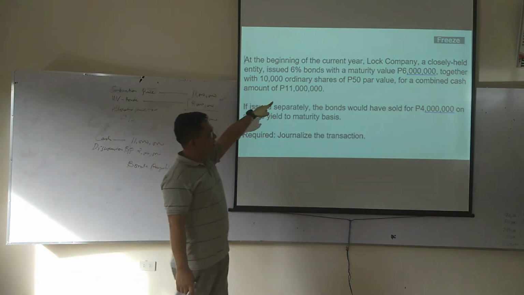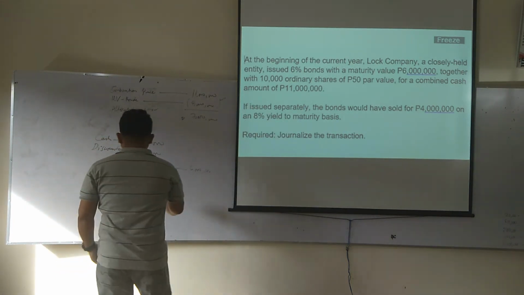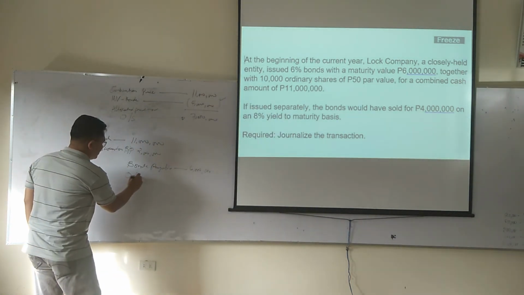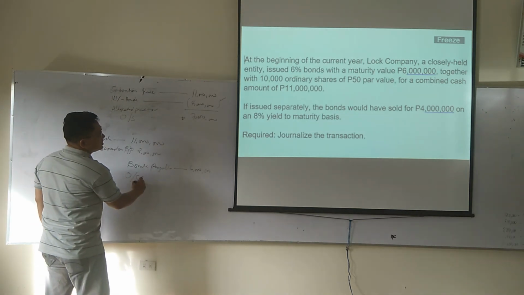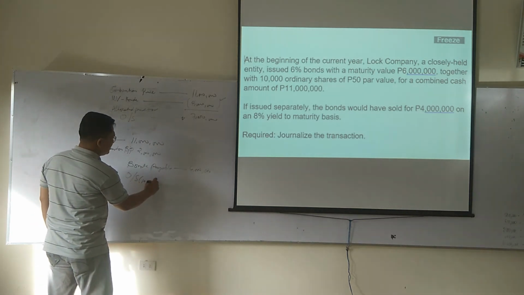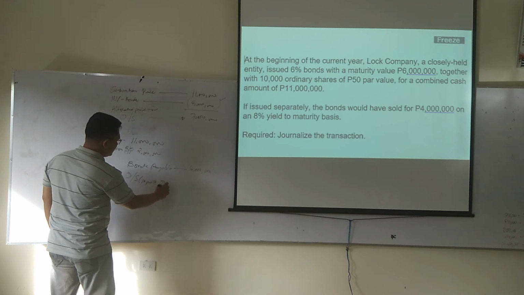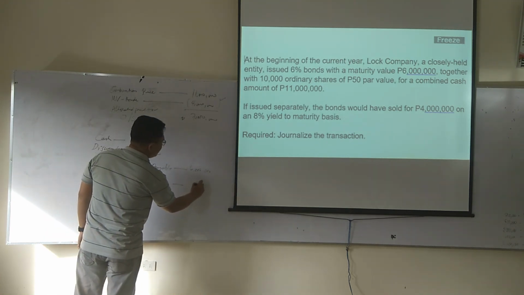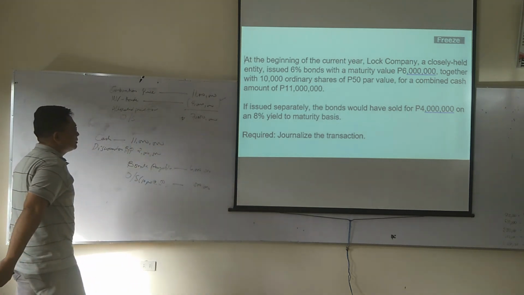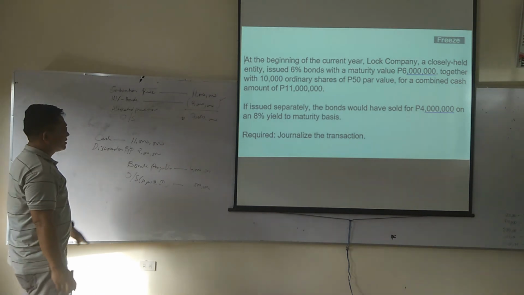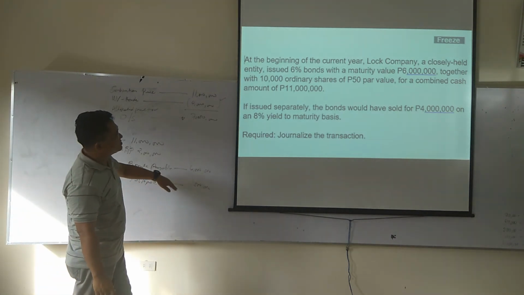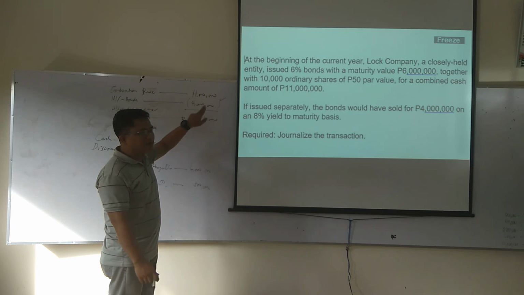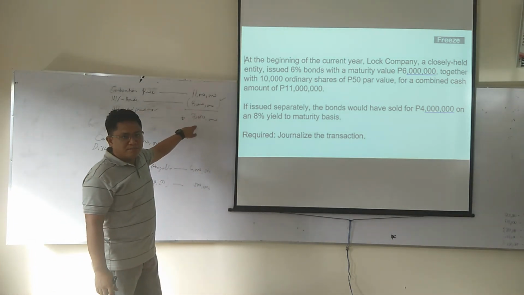Then we will record ordinary shares at par. So credit ordinary shares, which is 10,000 at 50, so that's 500,000. 500,000 for an allocated price of 7 million.